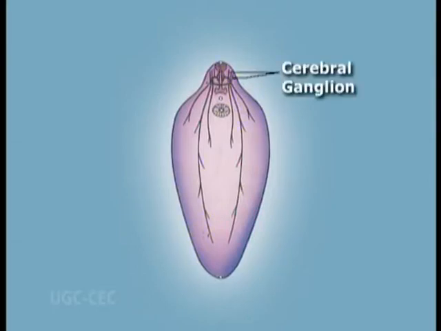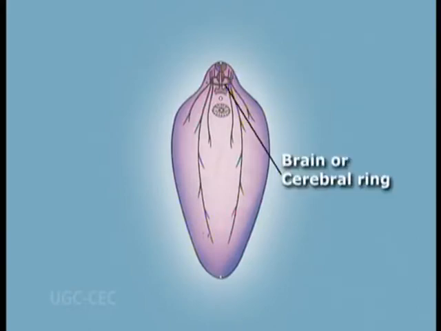Surrounding the pharynx, a pair of lateral ganglia and the ventral ganglion connect to form the cerebral ring. You can observe very clearly the ring which is situated surrounding the pharyngeal region.